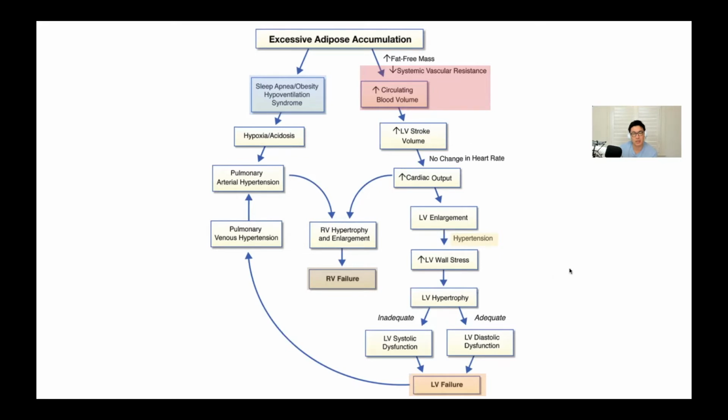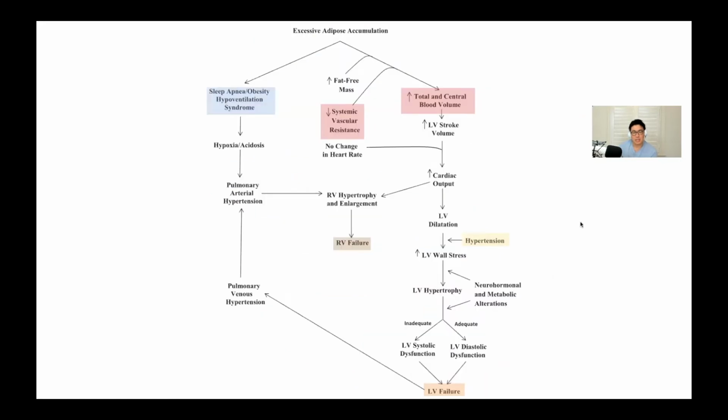So I'll just quickly show you. This is the article from ELPIT. So again, they've got a very similar diagram here. And again, I've just color coded it: systemic vascular resistance and an increase in your blood volume. And then after that, you've got hypertension from activation of your renin-angiotensin-aldosterone system.